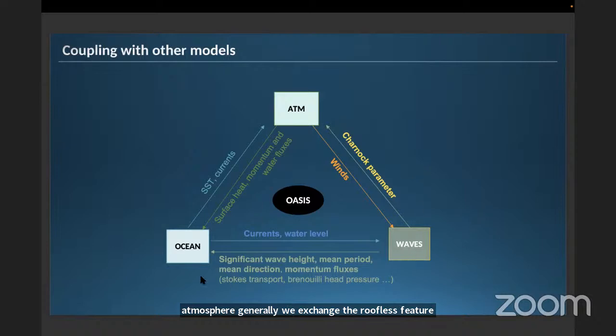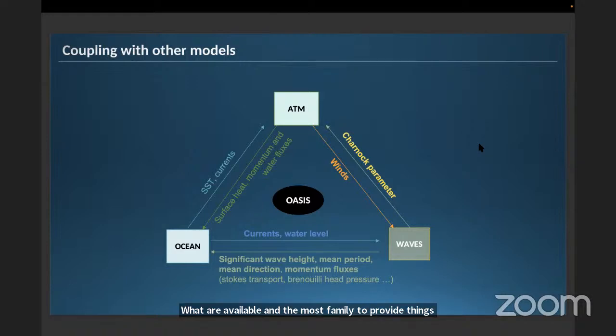And to the ocean, what we can give is significant wave height, mean or peak period, direction, and also momentum fluxes computed from the wave model to the ocean model, Stokes transport, Bernoulli pressure, etc., all the variables that we have seen before. And in return, the ocean needs to provide currents and water levels, and the atmosphere needs to provide winds.